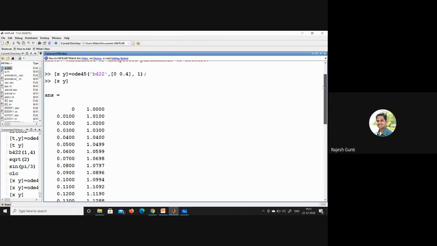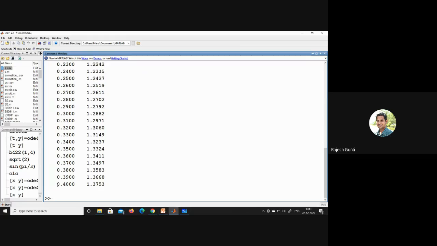At x = 0, the solution is 1. At x = 0.4, the solution is 1.3753. If you want, you can also give the span as 0:0.1:0.4.